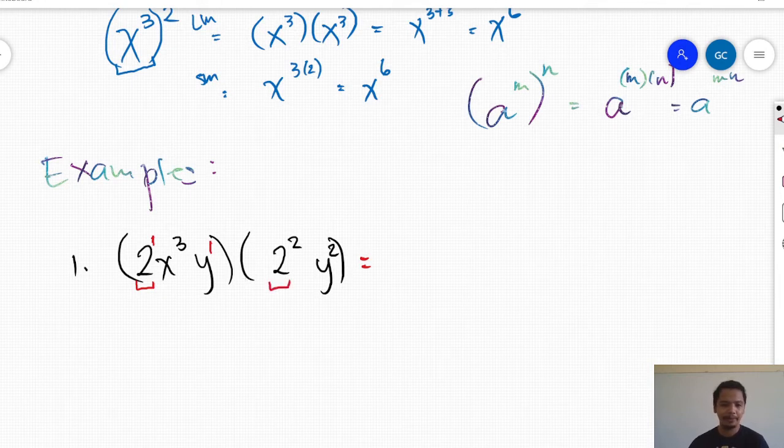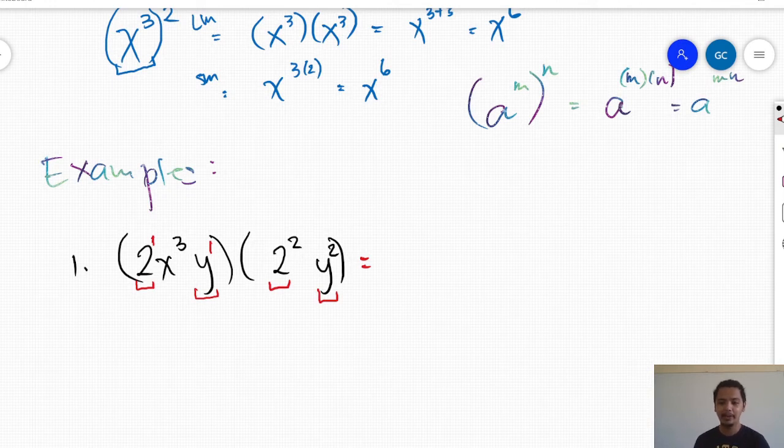So, halimbawa, yung 2, yung nilagyan ko ng underline, yun lang yung pwede nating i-multiply dun sa 2. Okay? Yung x, since wala siyang x dito sa second na term or dun sa isa pang multiplier or multiplicand, hindi natin gagalawin yung x.